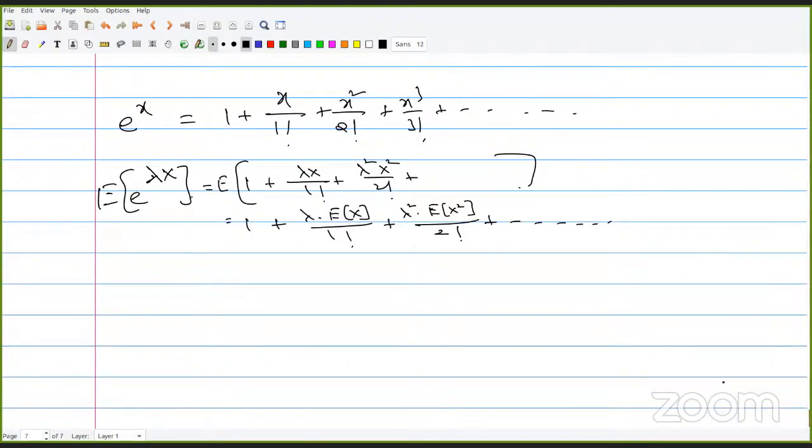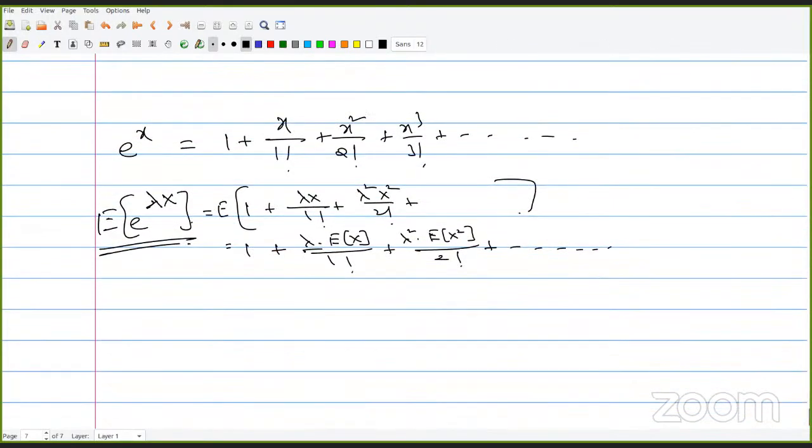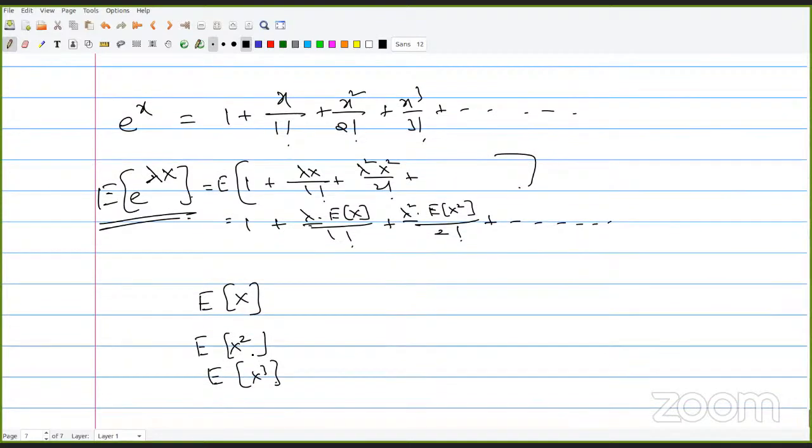If I have the moment generating function and expand it, looking at the coefficients of lambda by 1 factorial, lambda square by 2 factorial, I get the expected value of x, expected value of x square, expected value of x cube, and so on. So these are the moments.